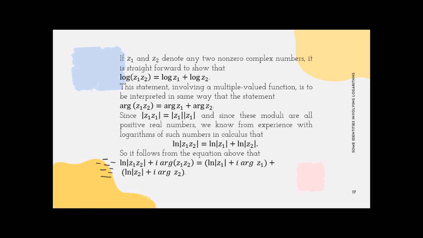So it follows from the equation above that ln|z1z2| + i arg z1z2 = ln|z1| + i arg z1 + ln|z2| + i arg z2.